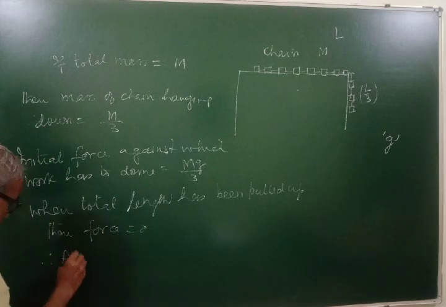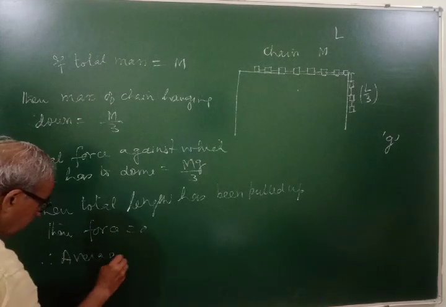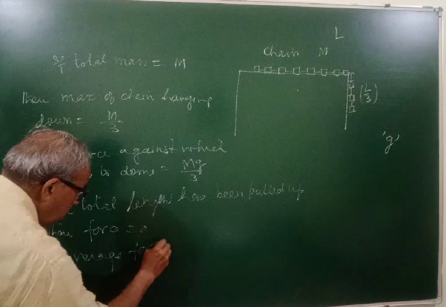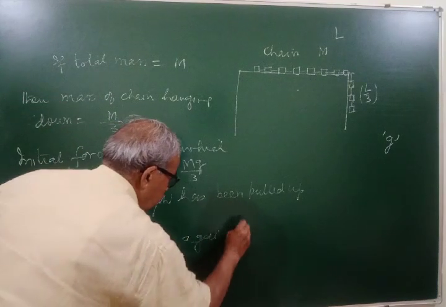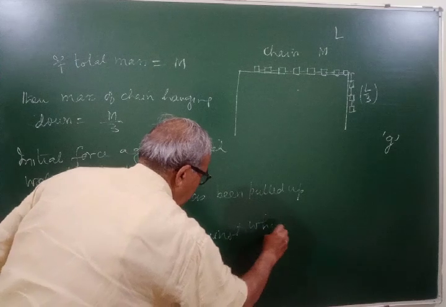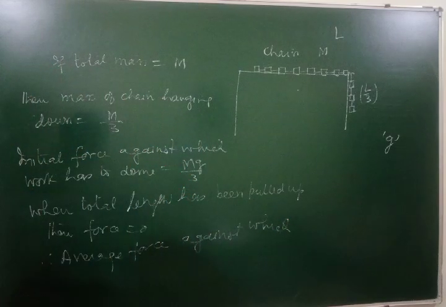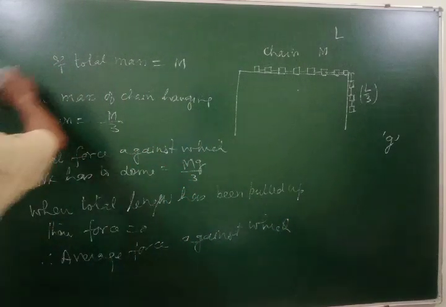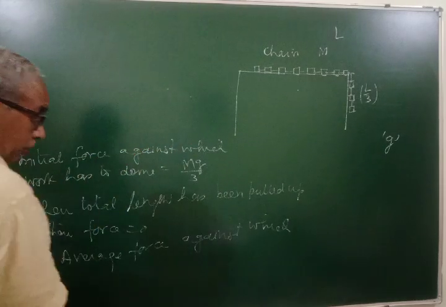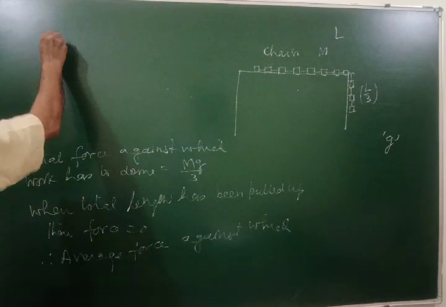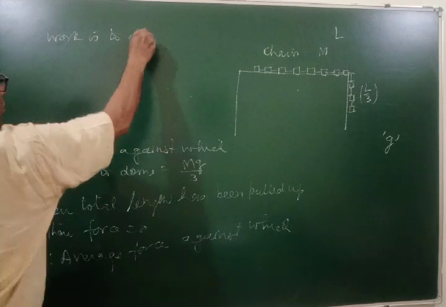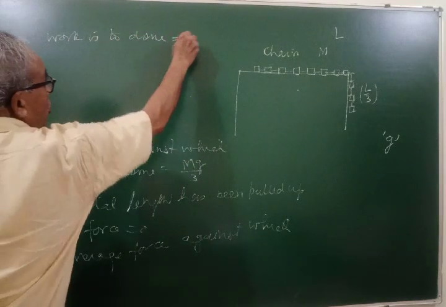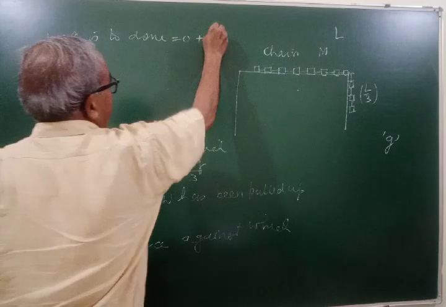So the average force against which work is done is (0 plus F) by 2.